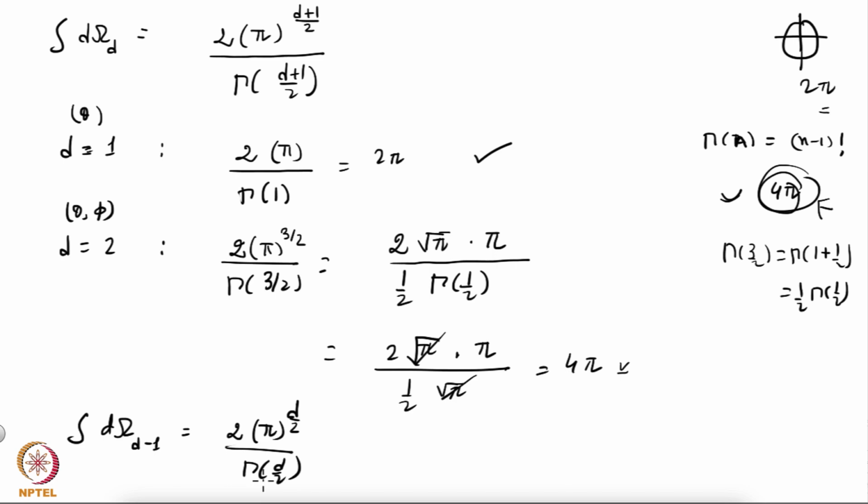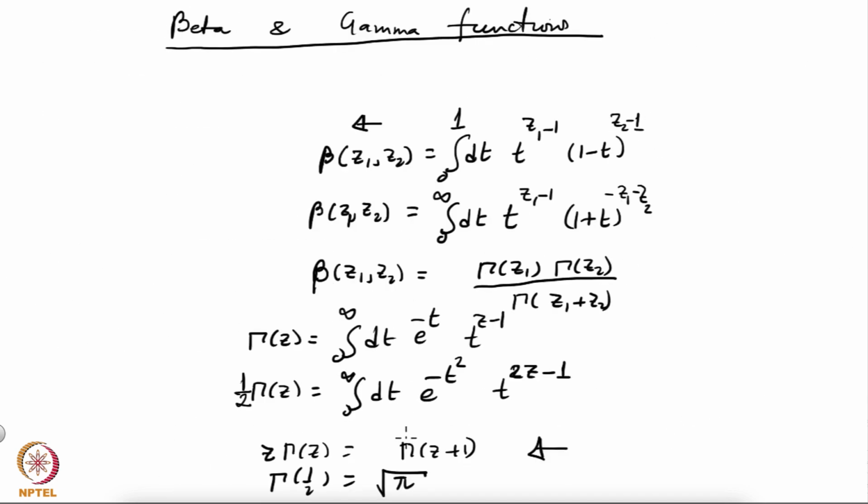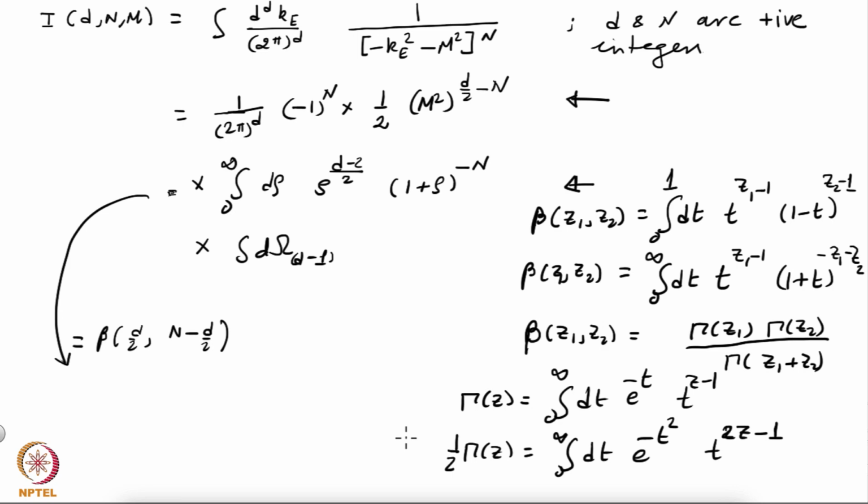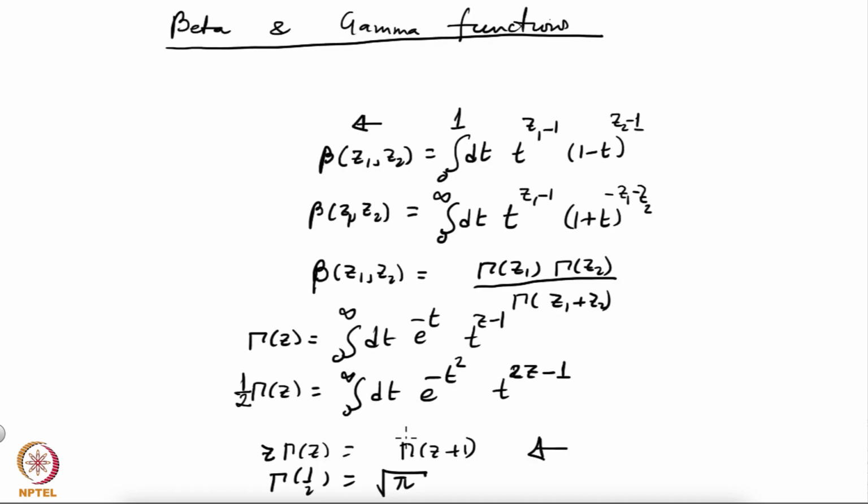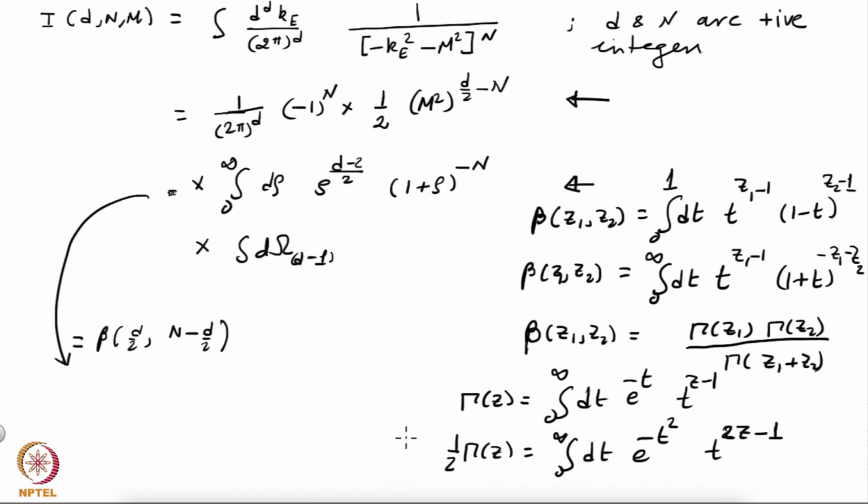So now I will substitute all these expressions. So integral d omega d minus 1 from here, and this expression of this rho integral, which is here given in this form, and these factors.